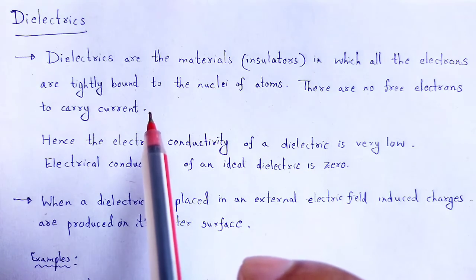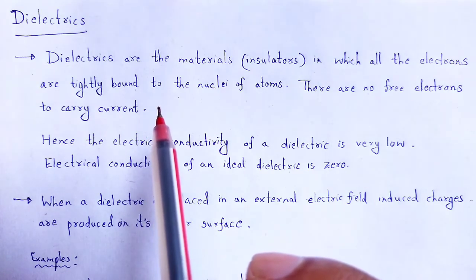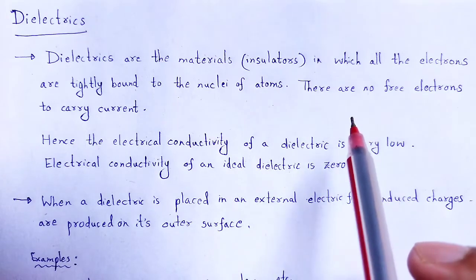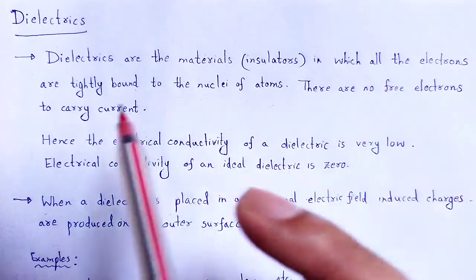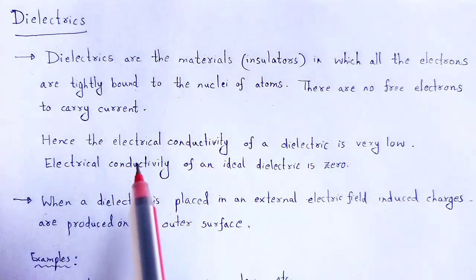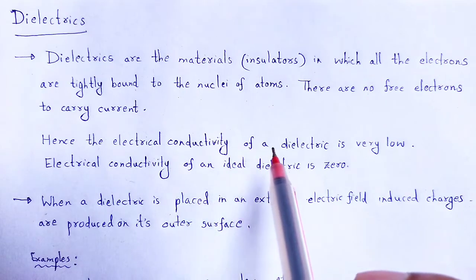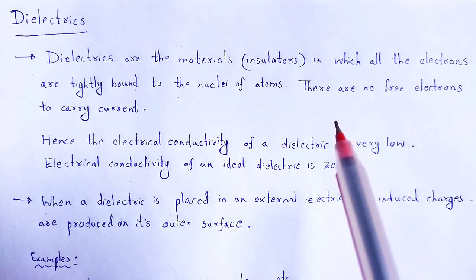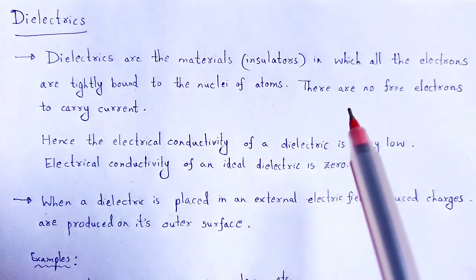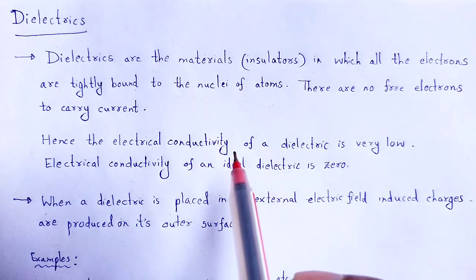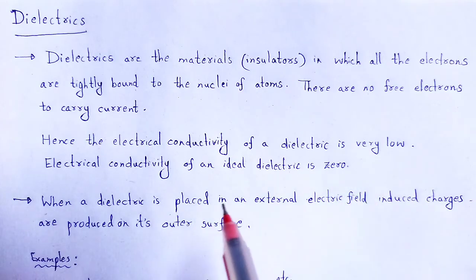In a conductor, there are a number of free electrons, which is why electric current flows through it, but in an insulator there are no free electrons and the electrons are tightly bound to the nucleus of the atom. Hence, we can say the electrical conductivity of a dielectric is very low, meaning it is not suitable to flow electric current through it, and the electrical conductivity of an ideal dielectric is 0.